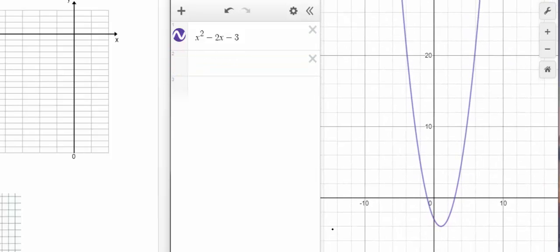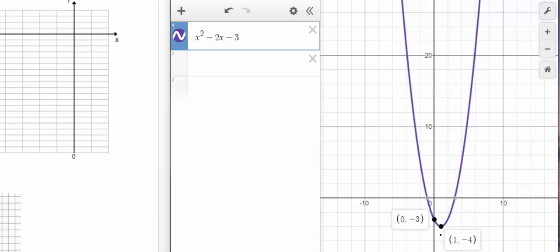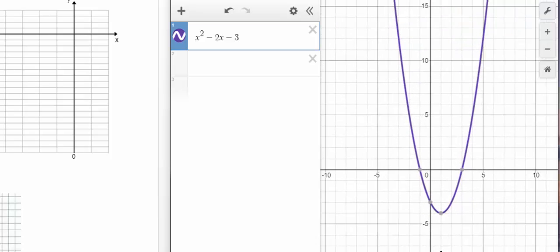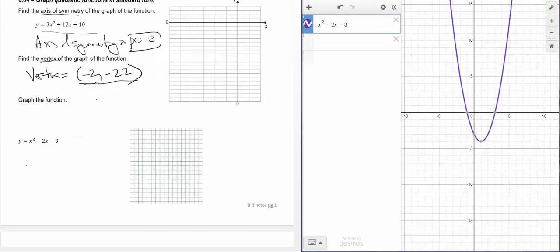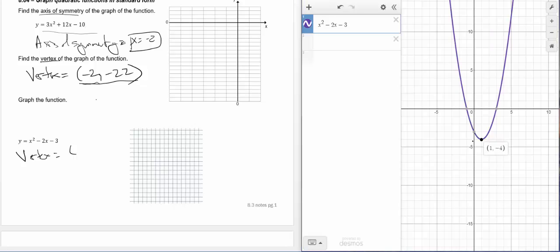So again, this is a parabola that opens up. Some features of this graph: it looks like the y-intercept is at -3. And the vertex is at 1, -4. So I think our vertex is at 1, -4.